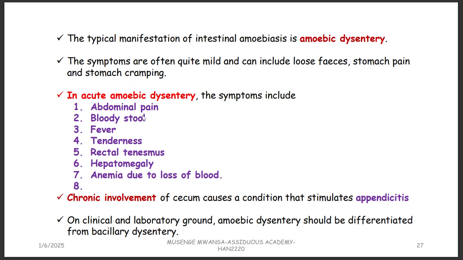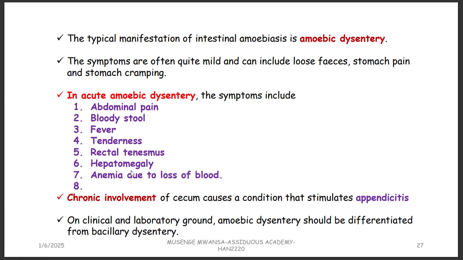So acute amoebic dysentery symptoms include abdominal pain, bloody stool, fever, tenderness, rectal tenesmus, hepatomegaly, anemia. Because someone is having diarrhea where they are losing blood, there's going to be anemia. And the liver is also becoming big, hepatomegaly.